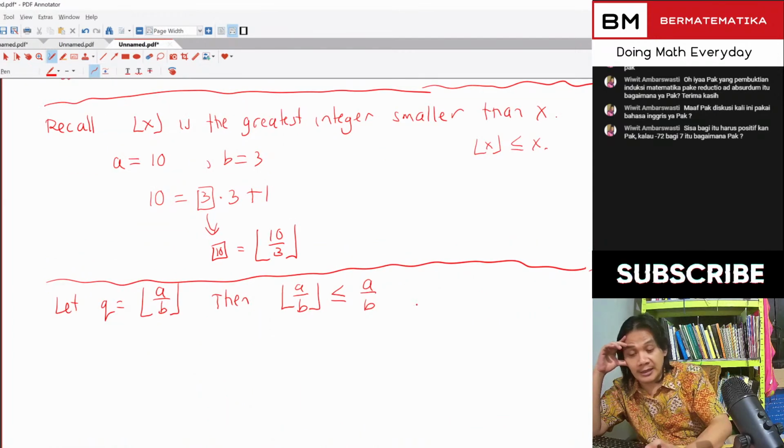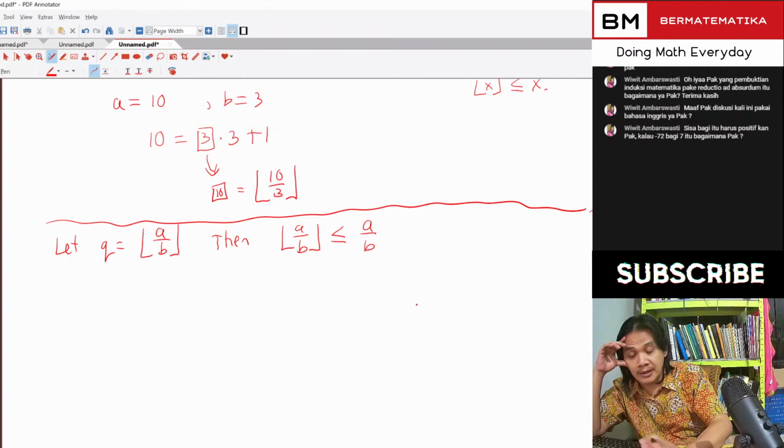Apparently this proof only works for a and b positive numbers. So since a and b are positive, then q is non-negative, right? So if we multiply both sides of this inequality with a non-negative number, okay, I think we need to think more about this proof later. So let's see first.